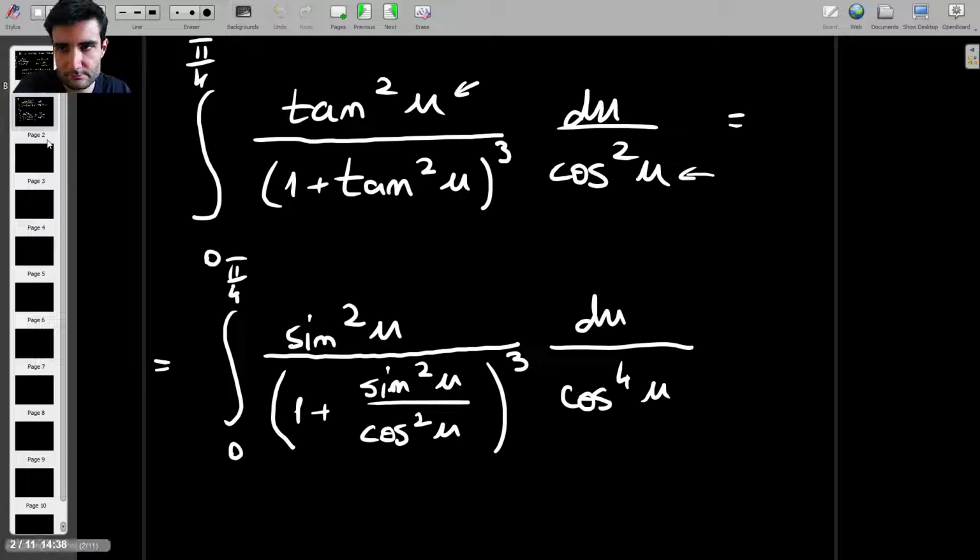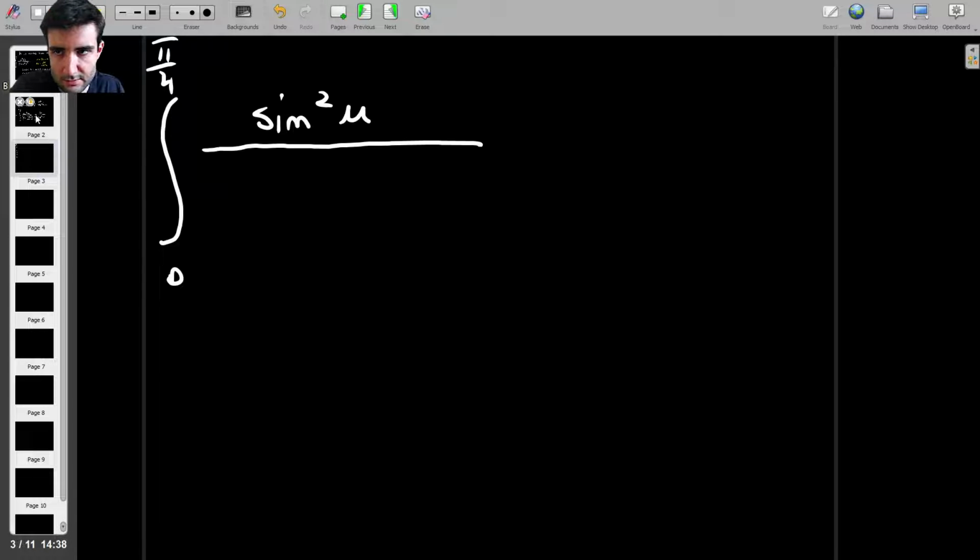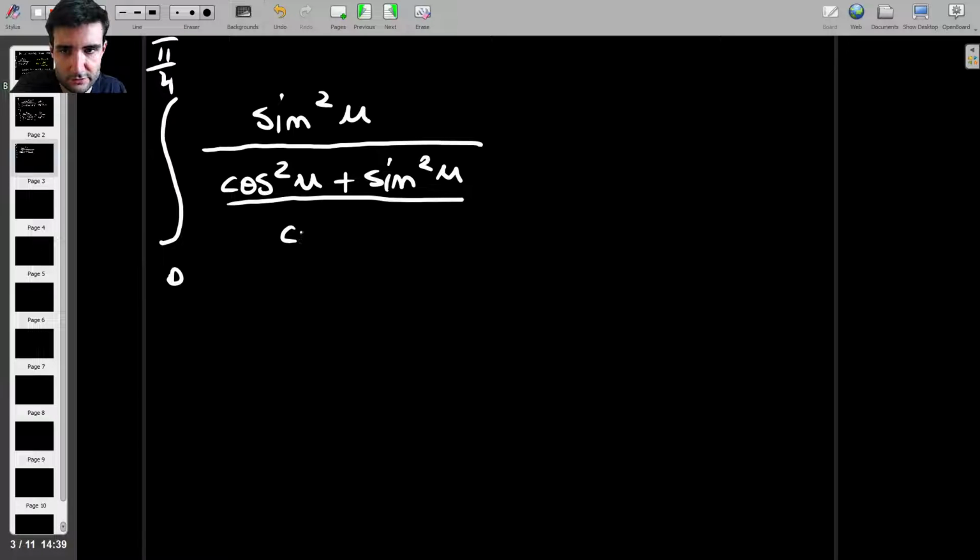Now in this bracket, we're going to multiply the 1 by cosine squared u on top and on the bottom. So this is how our integral looks: integral from 0 to pi over 4 of sine squared u over, in the bracket, cosine squared of u plus sine squared of u over cosine squared of u, and everything is cubed.